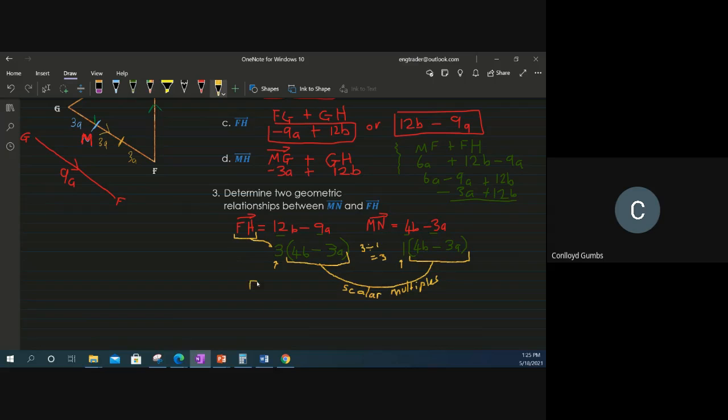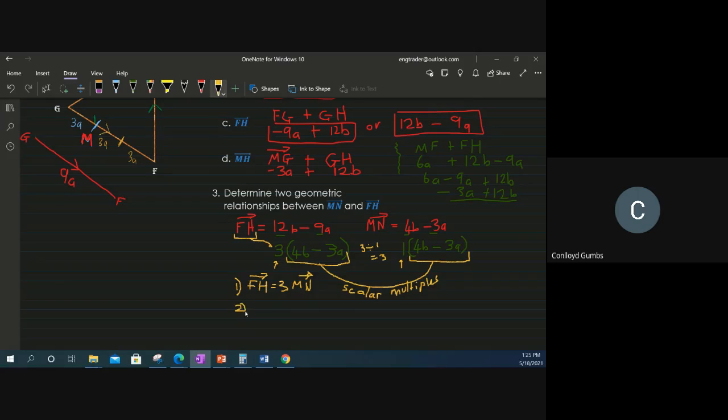I could write that like this: FH is equal to 3 times the size of MN. If I was to write that in a sentence, I would say FH is 3 times the size of MN. I know that because they're scalar multiples, they have to be scalar multiples in order to do this comparison. So that's one geometric relationship: FH is 3 times the size of MN.